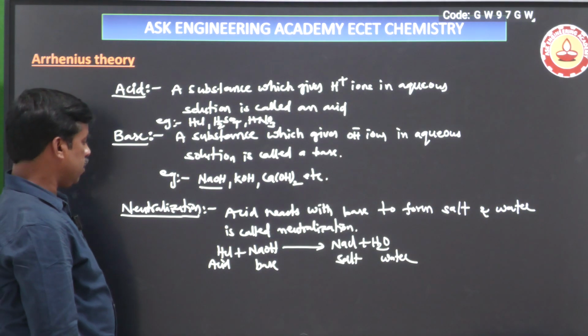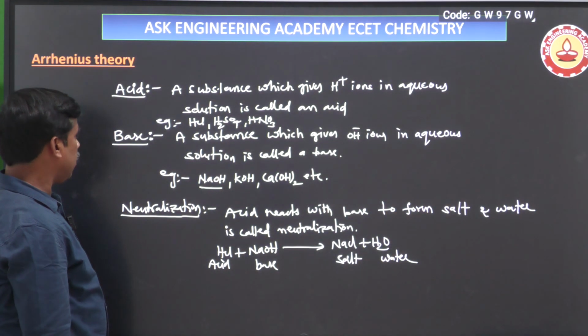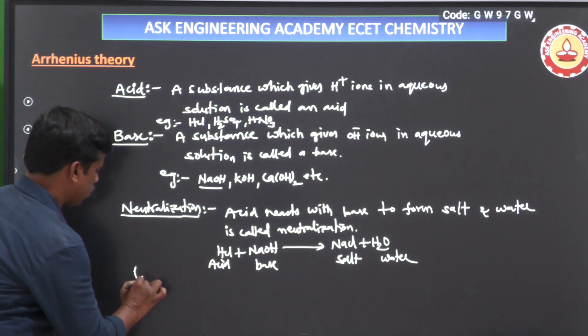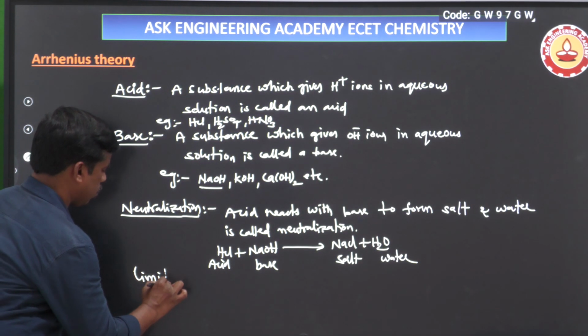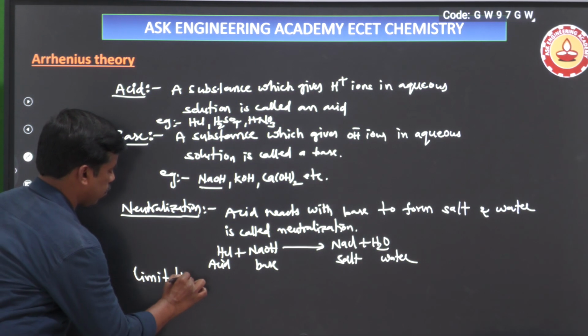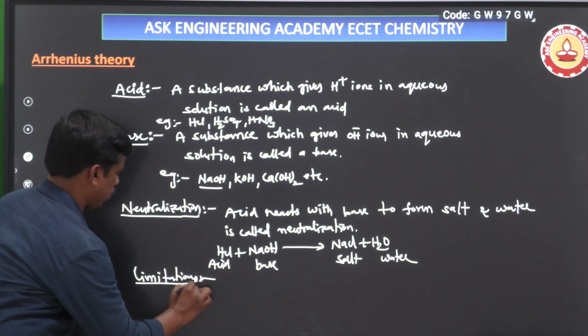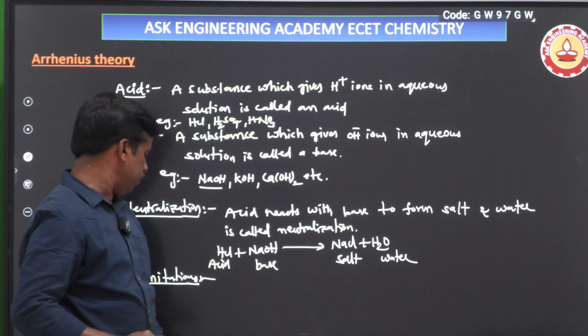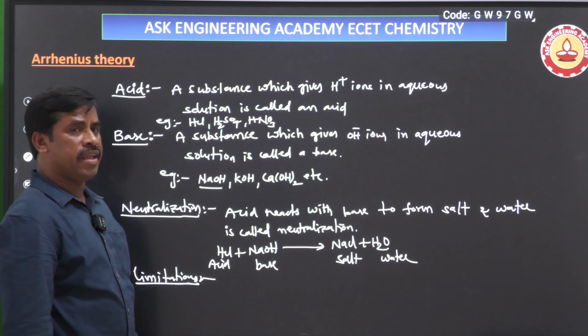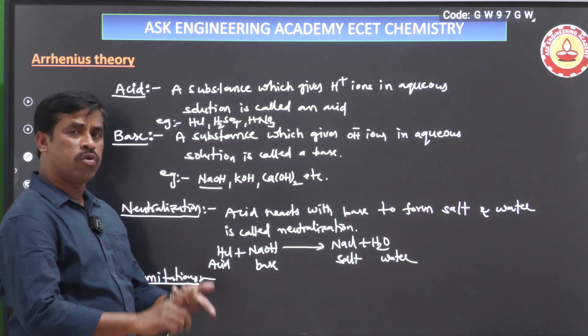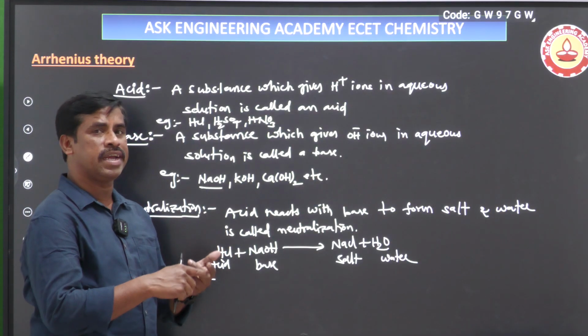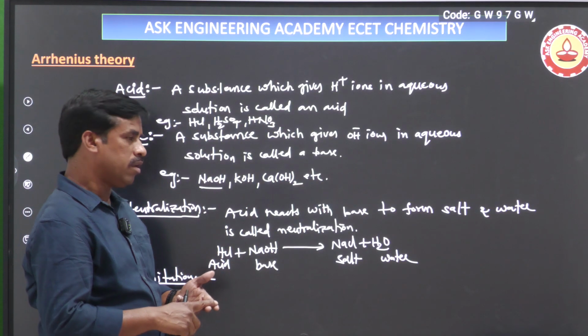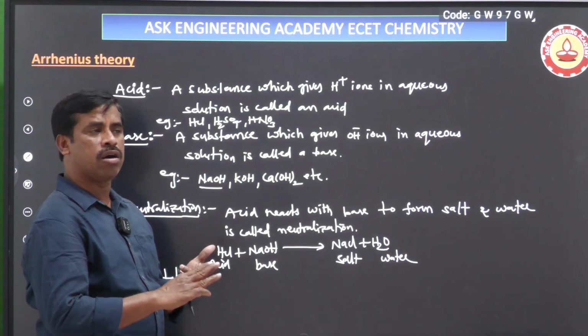What are its limitations? Limitations of Arrhenius theory: this theory cannot explain compounds which do not have H plus or OH minus.